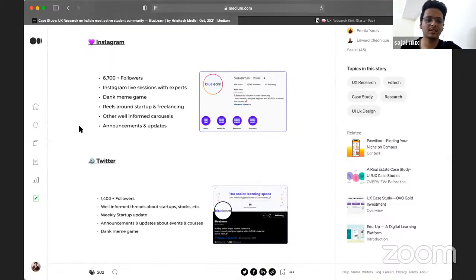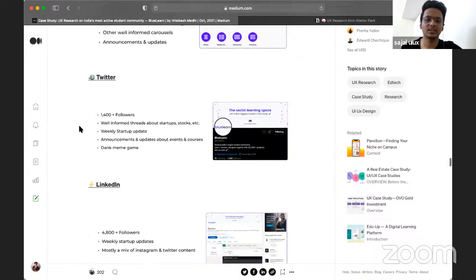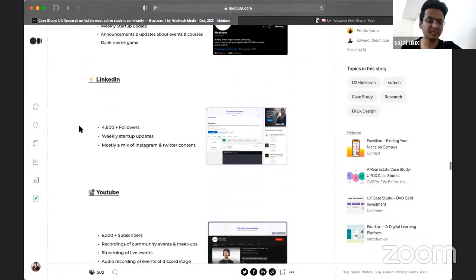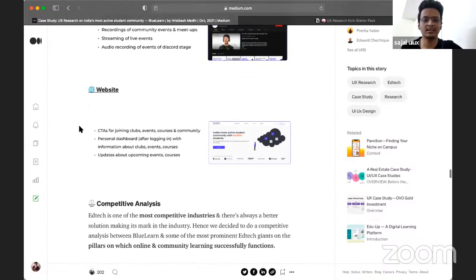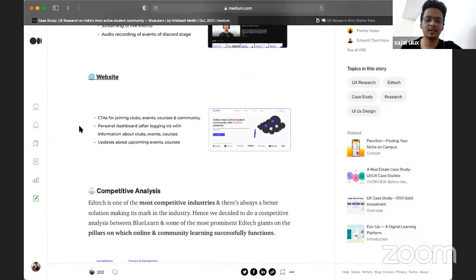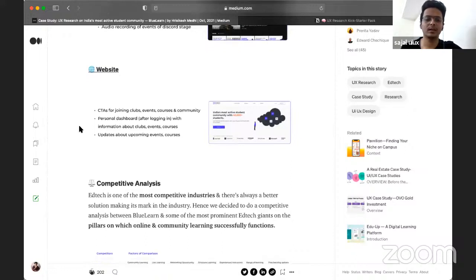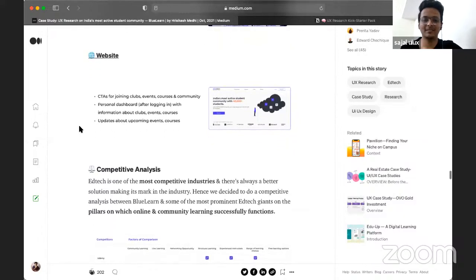So these are a few social media platforms which they are on, and they put up various pieces like Twitter threads, Instagram reels, carousels, and all sorts of stuff. One interesting thing we found out was that to cater to the younger target audience of BlueLearn, they use dank memes, which is really impressive.